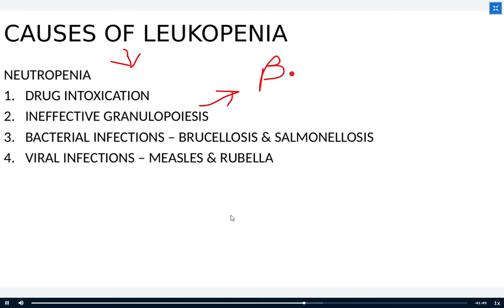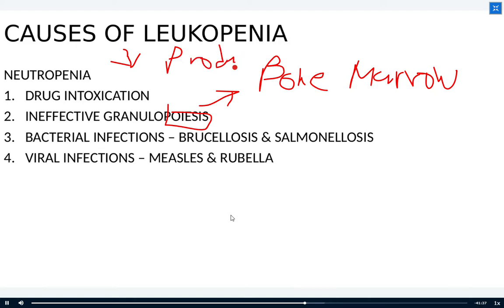So when your bone marrow is damaged, you would have ineffective granulopoiesis. Remember, class, when you ever hear the word poiesis, this would refer to your production. So kapag may problema sa production, identify nyo yung site kung saan napoproduce. Ibig sabihin may problema dun sa site. So your bone marrow could be damaged.